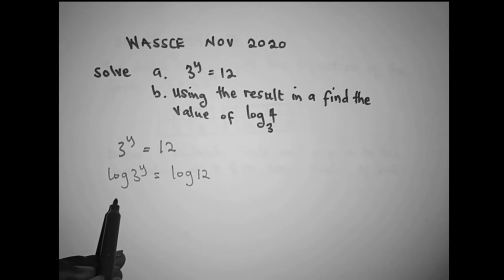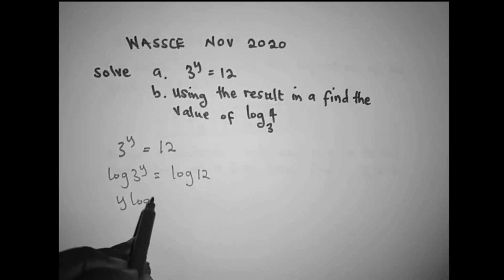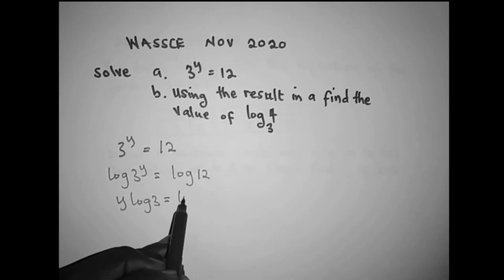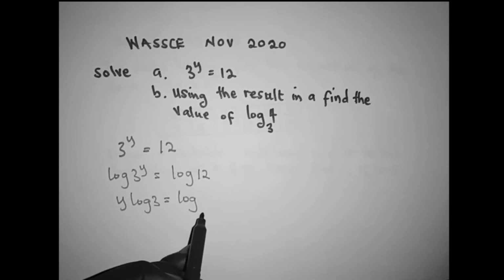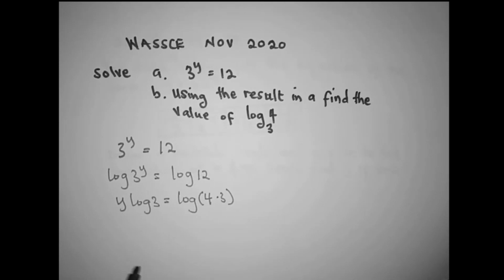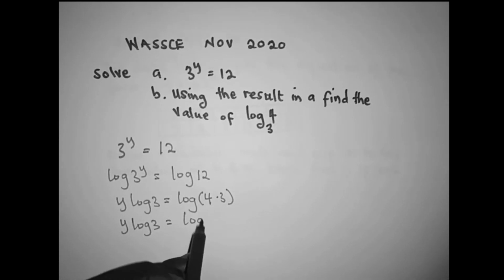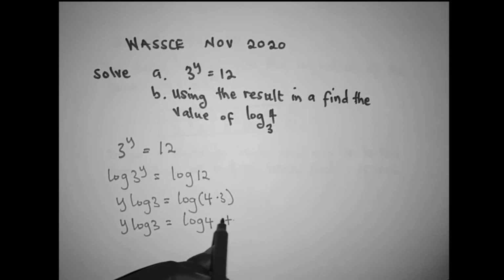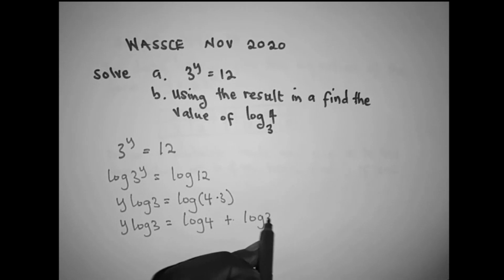So this becomes y log 3 equals log 12, which is the same as log of 4 times 3. So we then have y log 3 is equal to log 4 plus log 3.